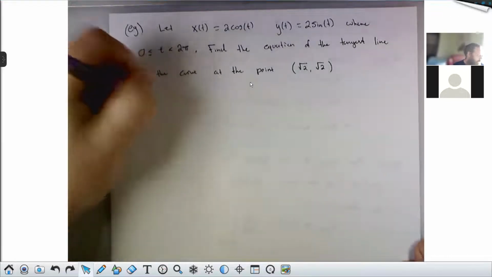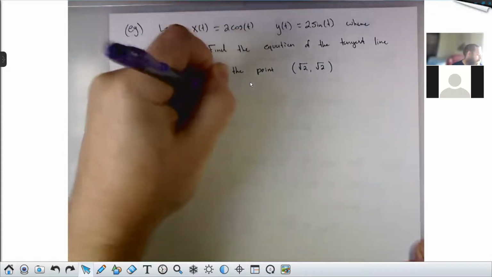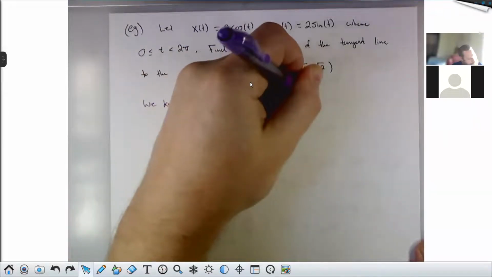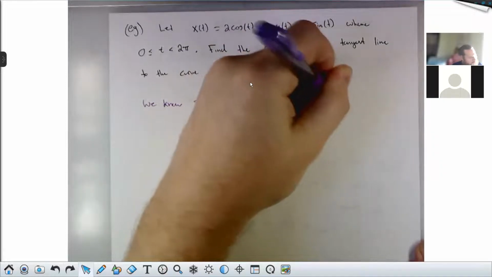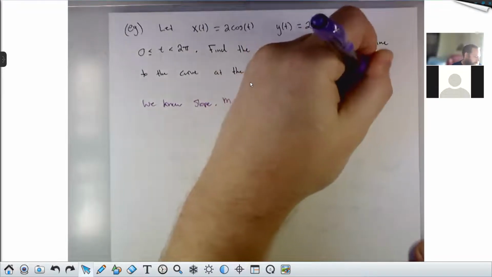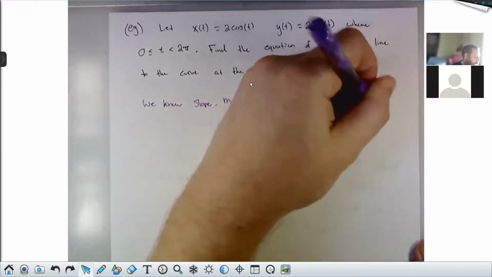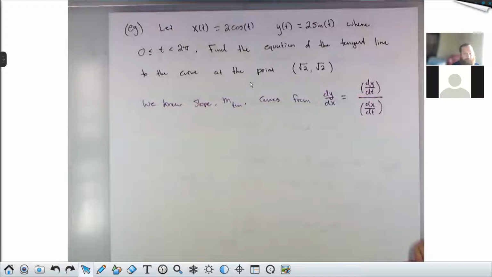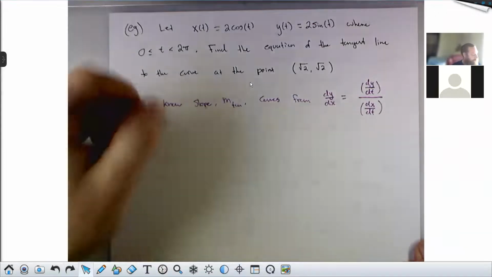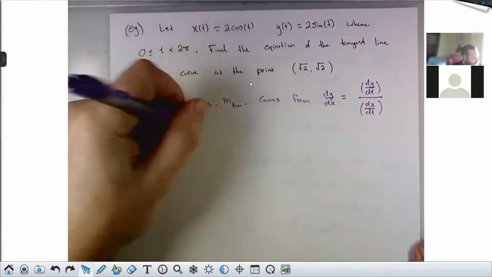So I'll say we know that the slope m tan comes from dy dx, which is dy dt divided by dx dt. So I need to find dy dt and I need to find dx dt. Y along this curve is 2 sine t.